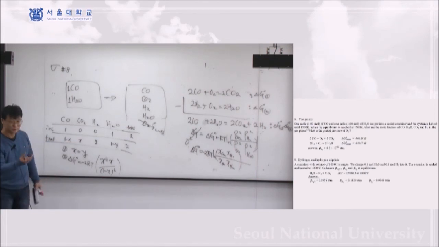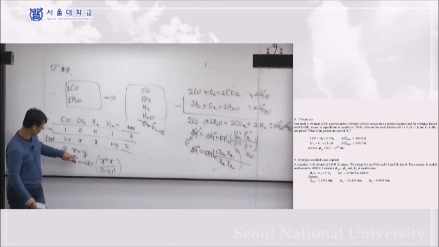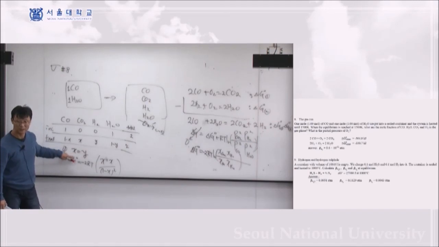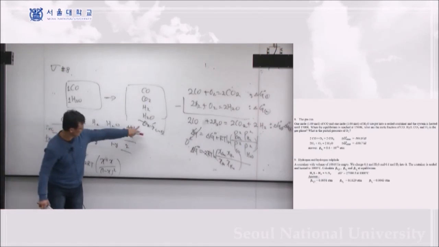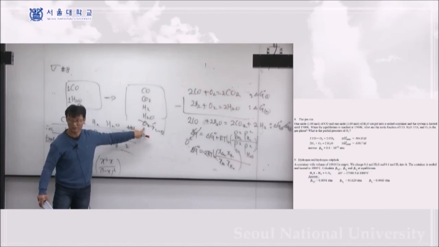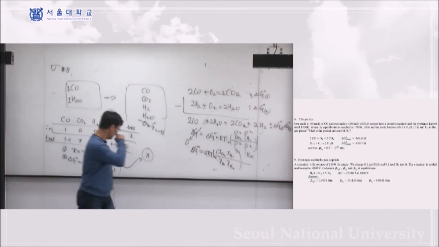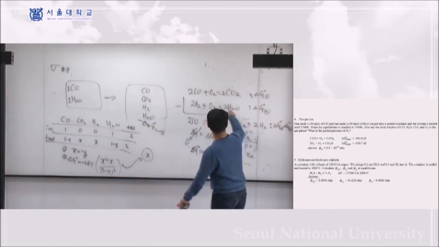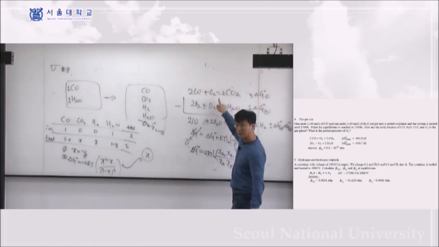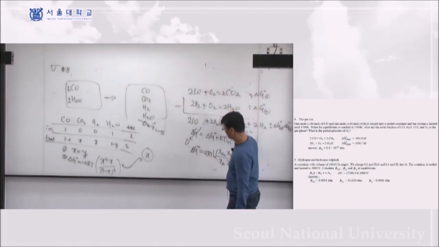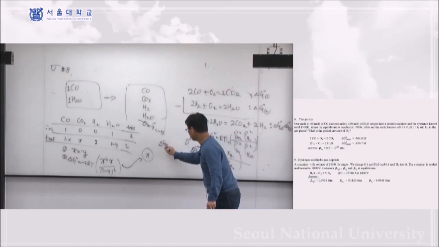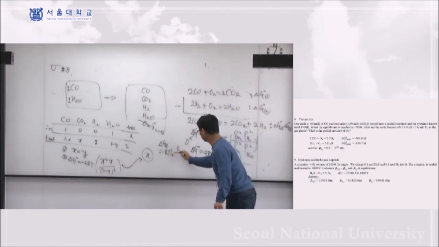Then you solve this one and see what's the X value, and once you have that X value, now you have to prove whether your assumption here is okay or not, yeah? So the only way you can actually check is whether this oxygen is a very small number or not. So once you find the X value, and you assume that X and Y are the same, then by using one of these chemical reactions, delta G naught 2, so delta G naught equal to, for example, minus RT ln of PCO squared and PO2 over PCO2 squared.